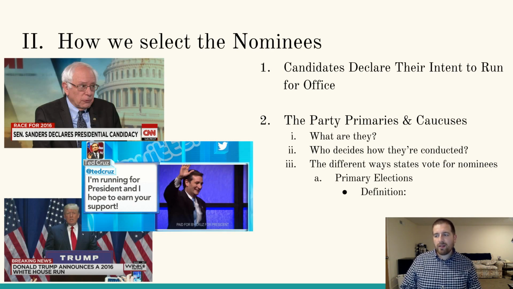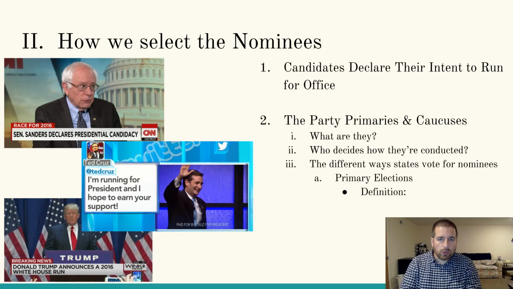A primary election is an individual citizen voting privately in a voting booth for the candidate that he or she wants to be their party's nominee. So again, let's go back. Let's say I am a Republican, and I'm supporting Ted Cruz. If I'm in a state that uses a primary, which here in Ohio we use a primary system, I will go to my polling precinct.